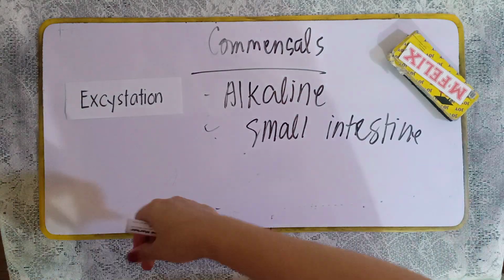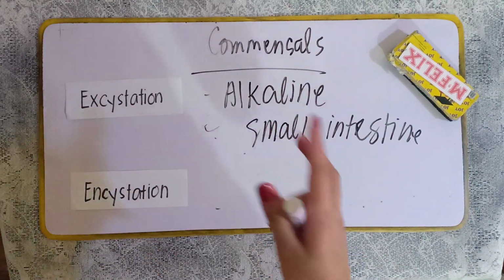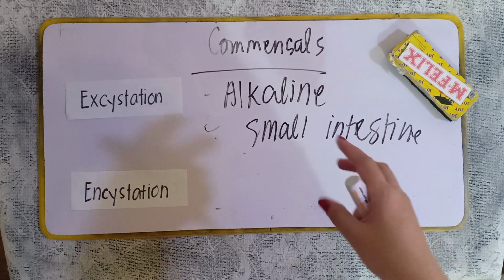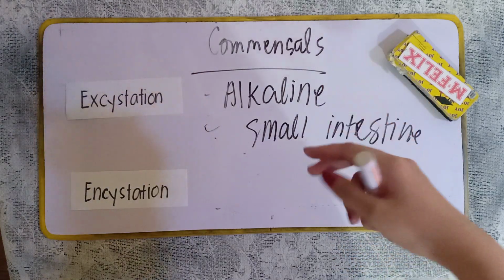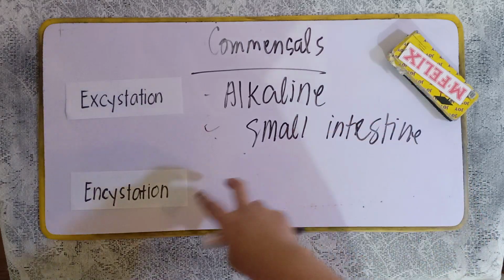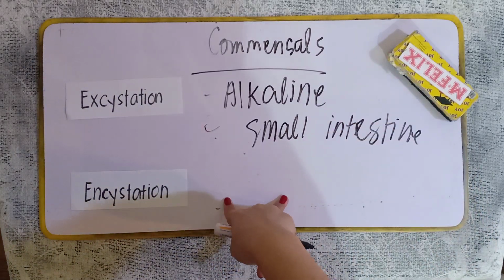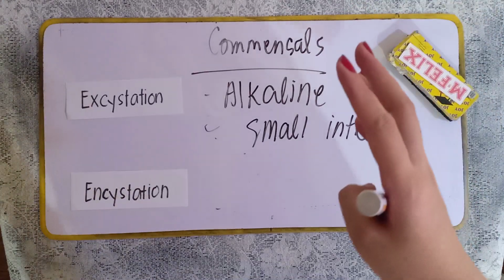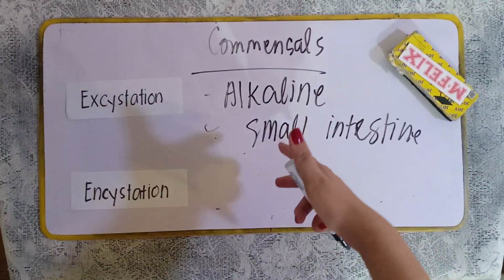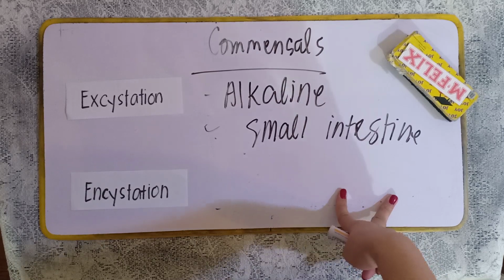While the encystation process naman, class, usually occurs as amoeba will pass through the lower colon where the colonic contents are more dehydrated. Mag-e-encyst yang mga yan kasi ibig sabihin, nagdi-deplete na yung kanilang nutrients. So, they have to undergo encystation.